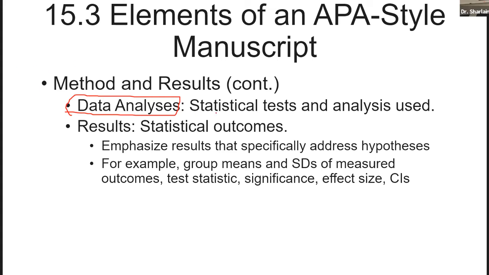So you will say something along the lines of, in order to calculate the relationship between the X variable and the Y variable, I conducted a Pearson's r. Pearson's statistic is XYZ. I used SPSS statistical software, XYZ. You will be as detailed as possible.